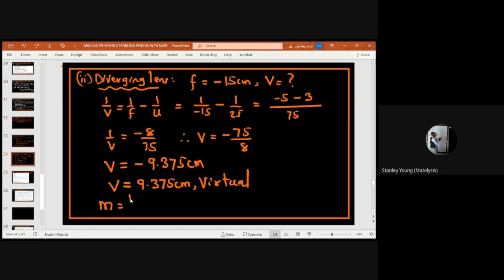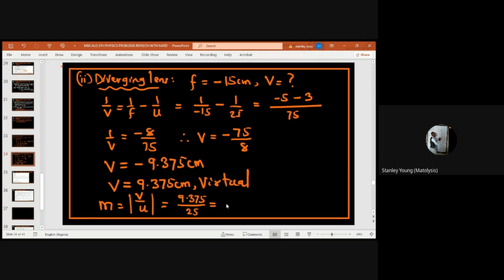So our m, let's put it in absolute form. Absolute v over u. Our v is 9.375 centimeter divided by u. What's my u? My u is 25. So 9.375 divided by 25.